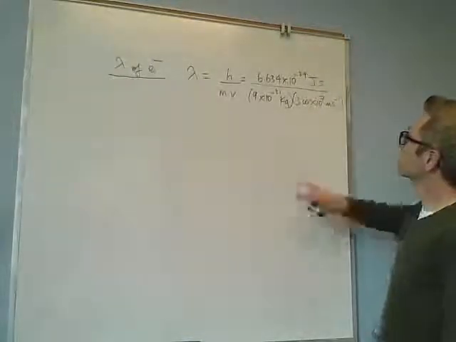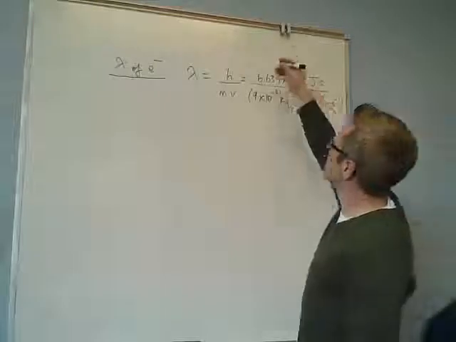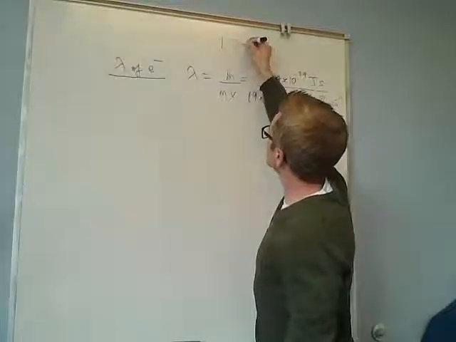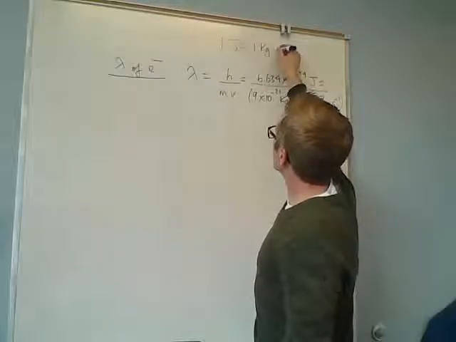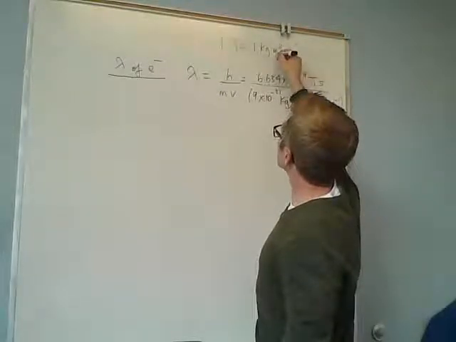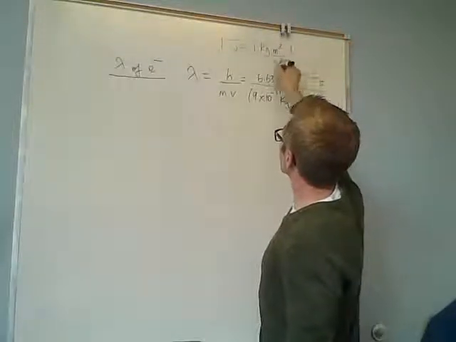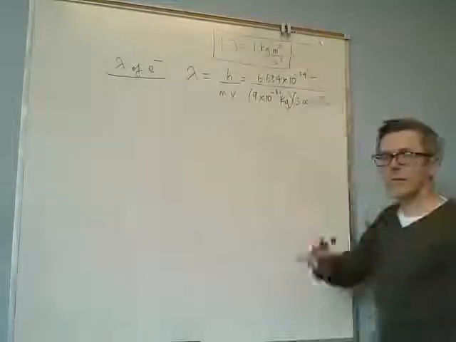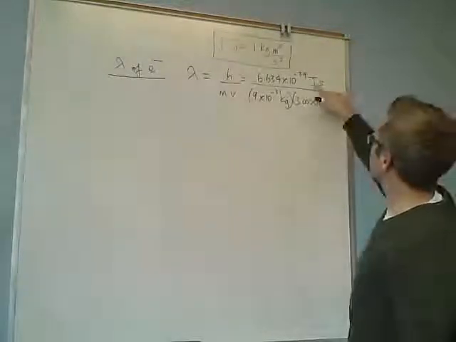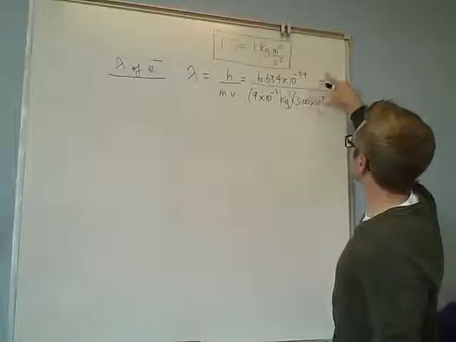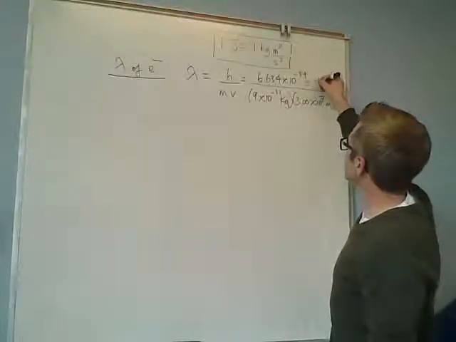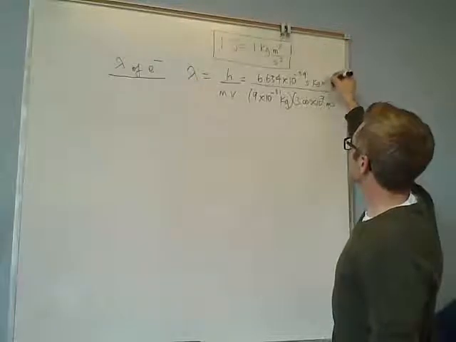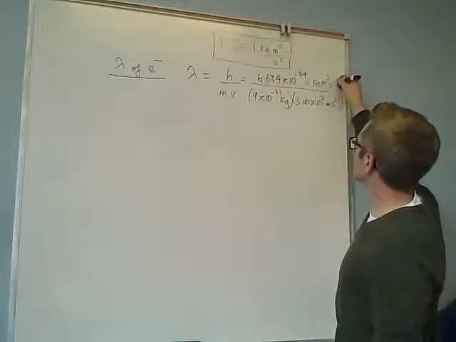Now you may or may not recall that a joule is a kilogram meter squared per second squared. So we can rewrite joule as kilogram meter squared per second squared.